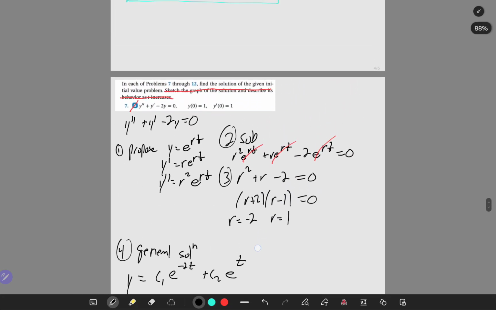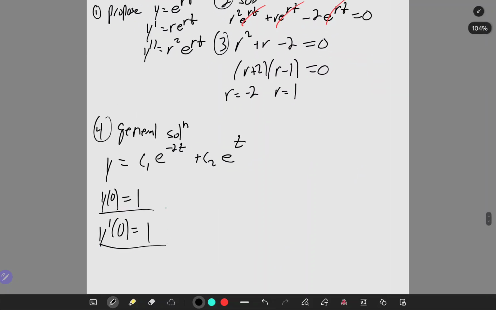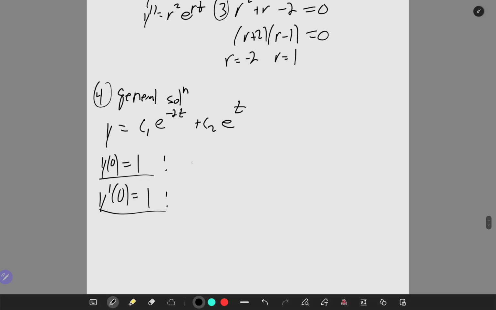So we have y of 0 is equal to 1. We have y prime of 0 is equal to 1. So for both of these two cases here, for this one, we'll have 1 is equal to c1 e to the 0 plus c2 e to the 0. And these just become 1, right?